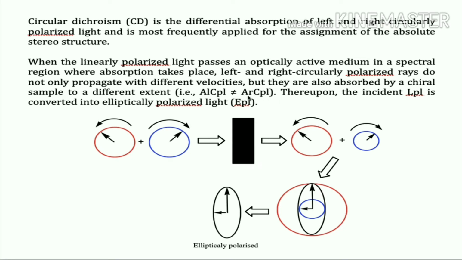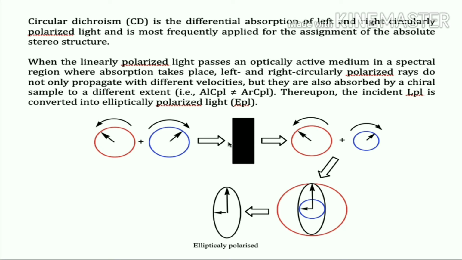Due to this difference in absorption, we are going to get elliptically polarized light, meaning in one direction the amplitude of propagation will be more compared to the other direction.